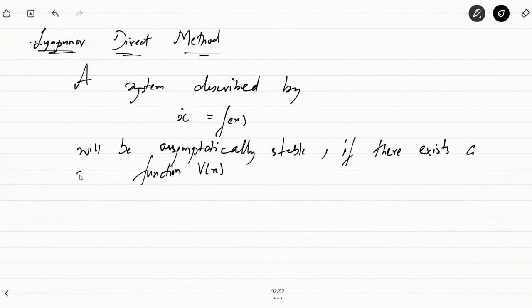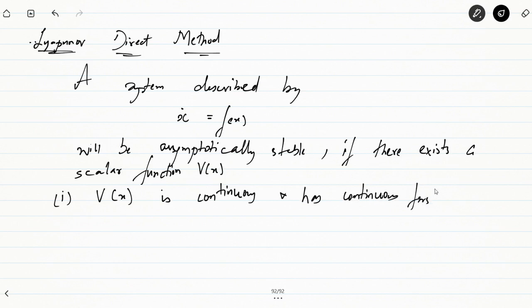This will be a scalar function v of x, where v of x will be continuous and has continuous first order derivatives as well.